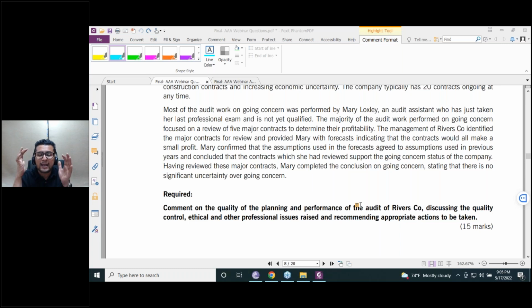So the syllabus area B and C, whatever we studied in the last half an hour, all amalgamated into one requirement.